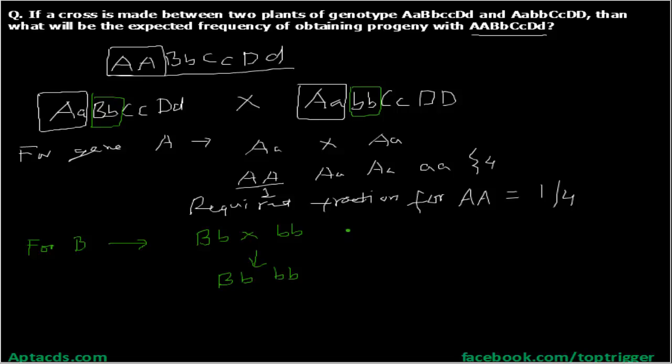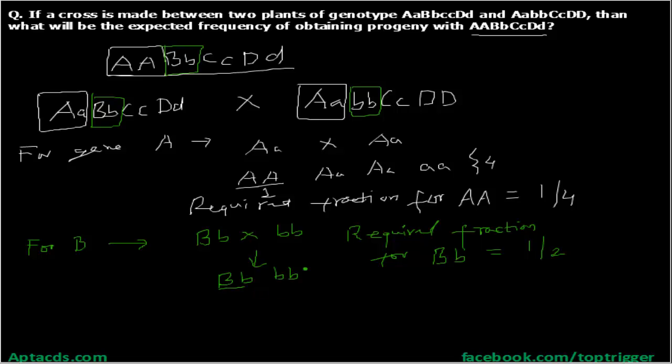So the required fraction for capital B will be 1 out of 2.